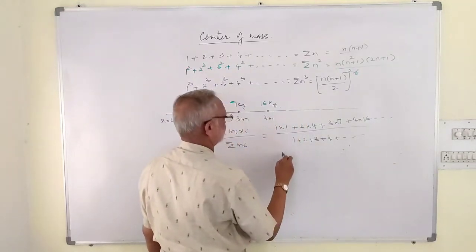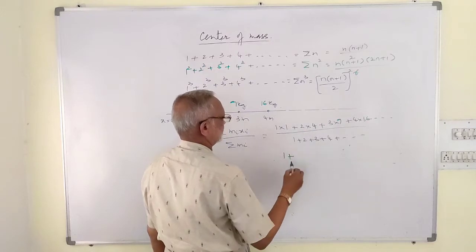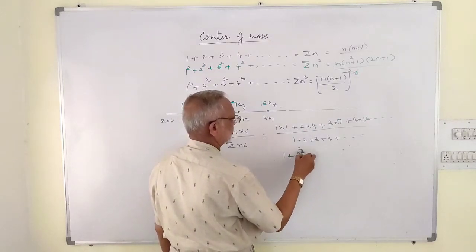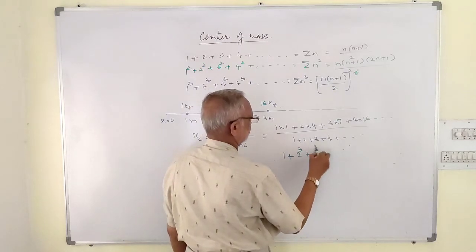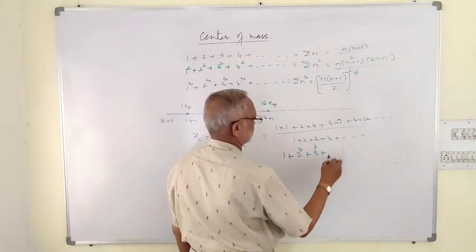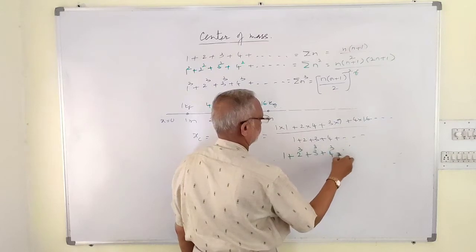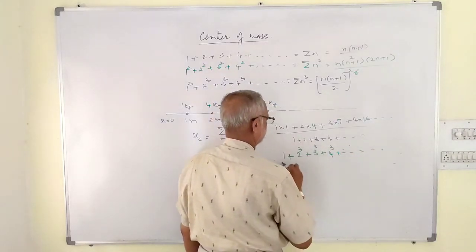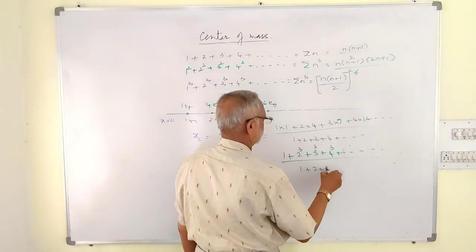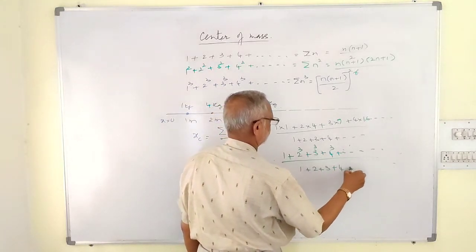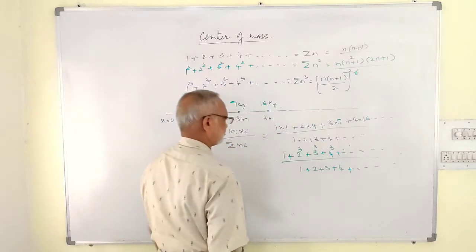This is 1 into 1 is 1, 2 into 4 is 8, 8 means 2 cube, 3 into 9 is 27, 3 cube, 4 into 16 is 64, 4 cube and so on, whole divided by 1 plus 2 plus 3 plus 4 and so on.